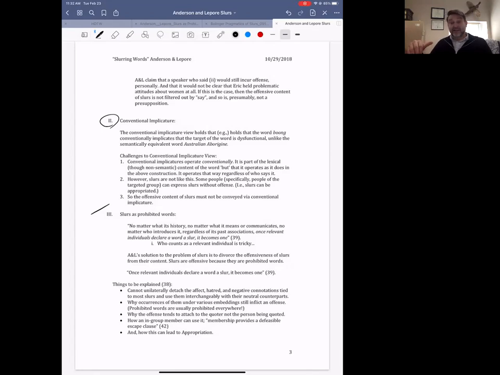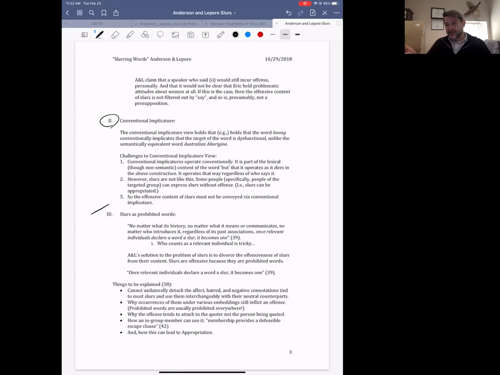So the thought is that that is actually denigrating the group by, in a sense, saying, you know, your prohibitions don't matter. We're using this word in any case, regardless of what you want, right? And that is in some way the force of the offensiveness. It would be as though someone were saying, don't do this thing.